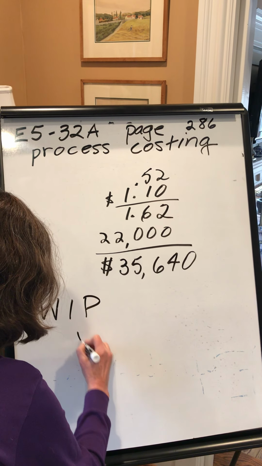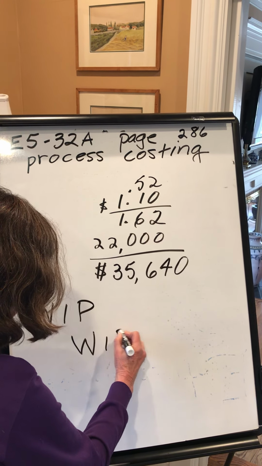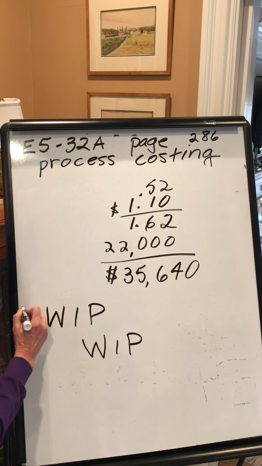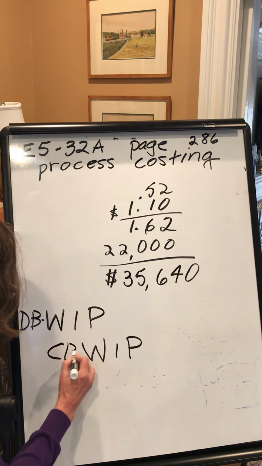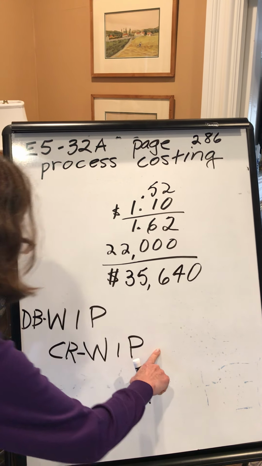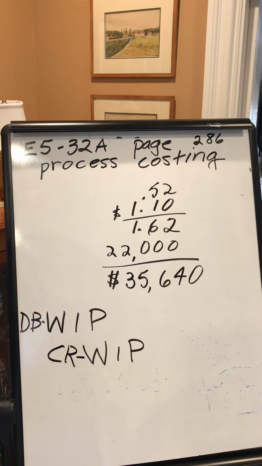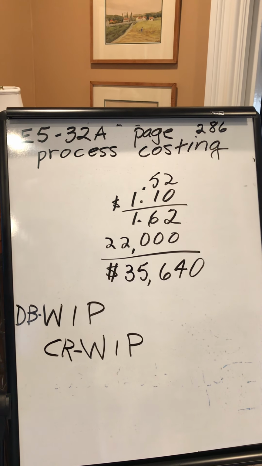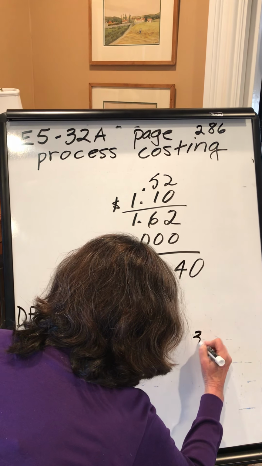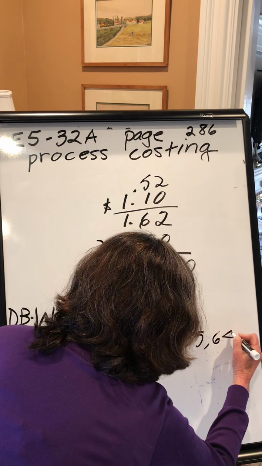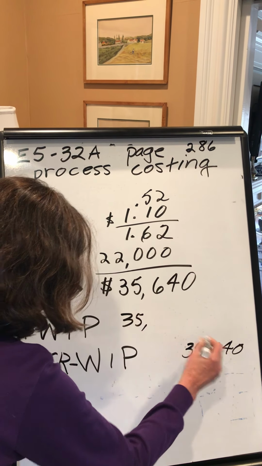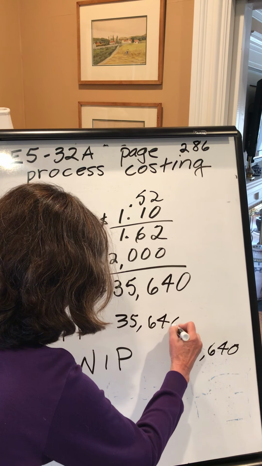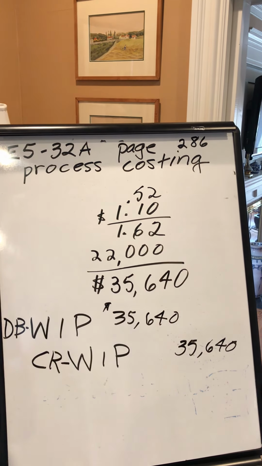And by the way, as you can see, the debit here is to one work in process department and the credit is to another. So we're taking the $35,000 out of the assembly department because they're finished being assembled. And now this amount of money, which represents 22,000 units, are ready to be tested.